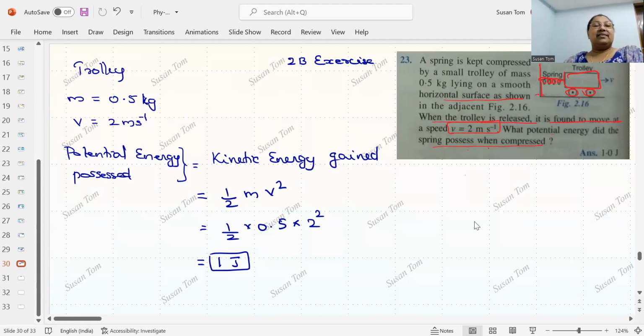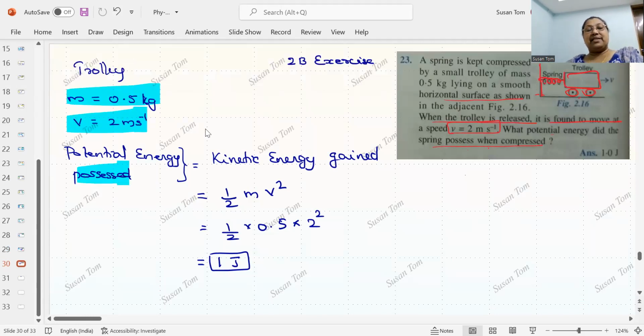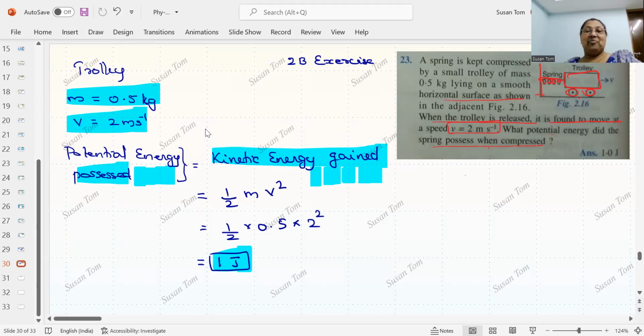That is the relation you have to take. So solve half mv square: 1 joule potential energy it was possessing, because that is converted into kinetic energy. This is the last of the 2B exercise.